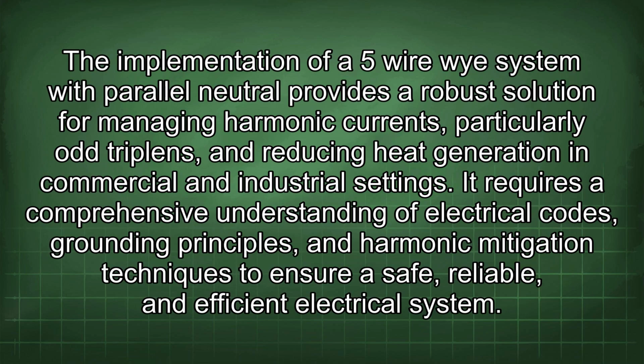The implementation of a 5-wire Y system with parallel neutral provides a robust solution for managing harmonic currents, particularly triplens, and reducing heat generation in commercial and industrial settings. It requires a comprehensive understanding of electrical codes, grounding principles, and harmonic mitigation techniques to ensure a safe, reliable, and efficient electrical system.